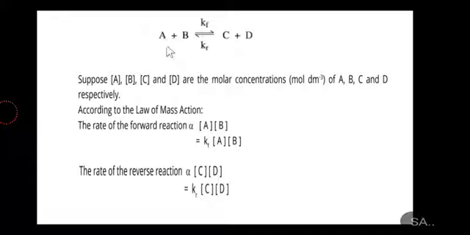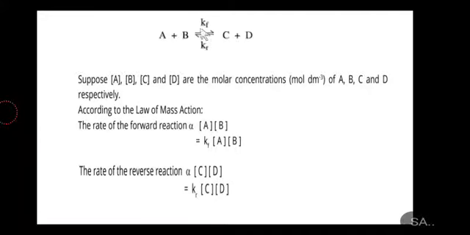So here is an example of a reversible reaction. You can see here A and B are reactants, and when they react, they proceed in the forward reaction and give the products C and D. While C and D, under optimum conditions, reproduce, like they give you back A and B. One thing is new: Kf and Kr. These are basically the rate constants.